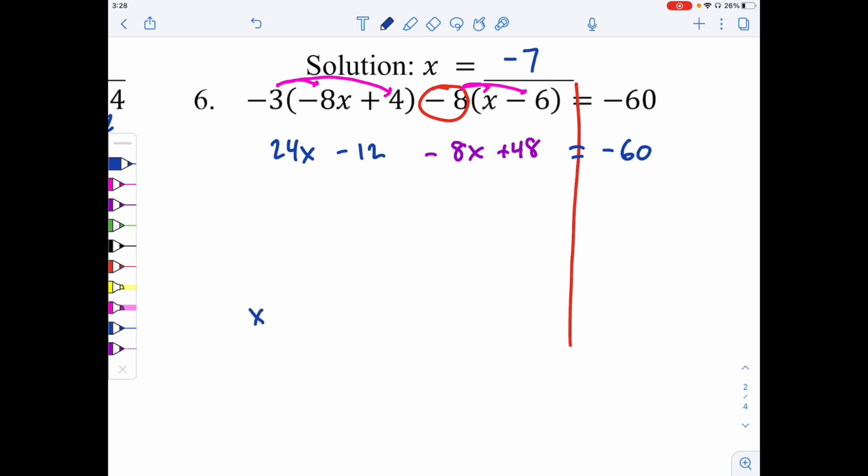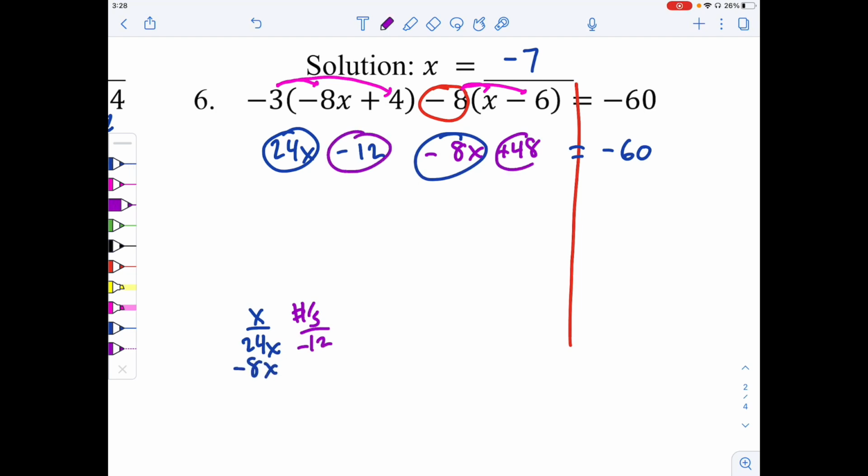Then we're going to combine like terms. Right, so we have our x values and our numbers. So x values, 24x and negative 8x, numbers, negative 12 and positive 48. I'm just going to combine those. So 24 minus 8, 16. Negative 12 plus 48, positive 36.